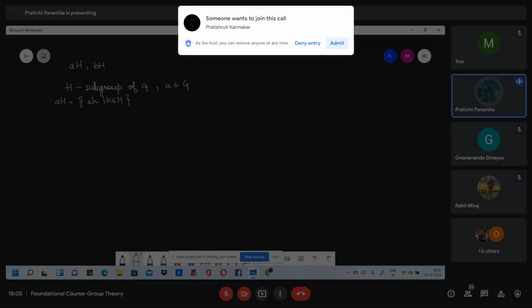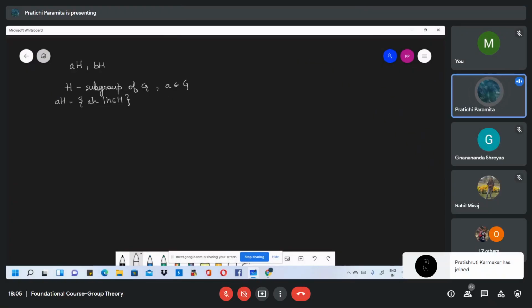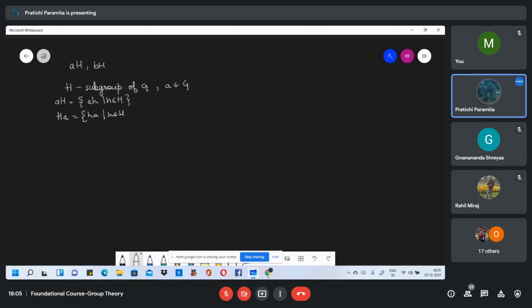There is nothing special about a left coset. We can have right cosets also, a right coset will be Ha. Just like left cosets partition G, right cosets will also partition G.